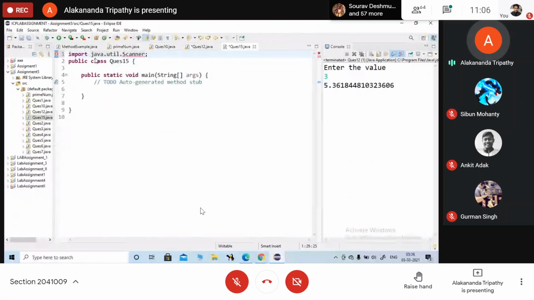So let I will define a method. Public static. So it will compute the interest. Okay. Let I will provide the method as void, no return type, and I will input the principal amount.